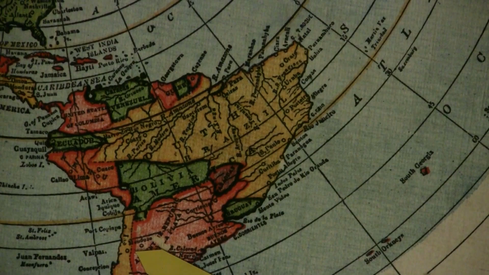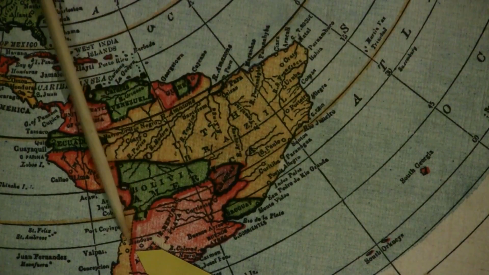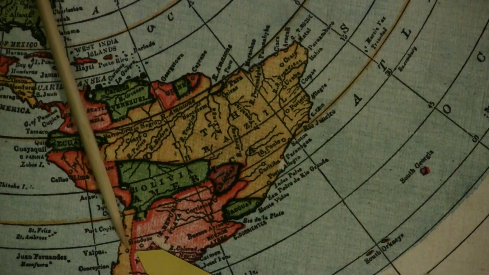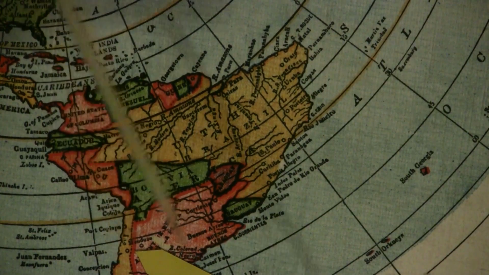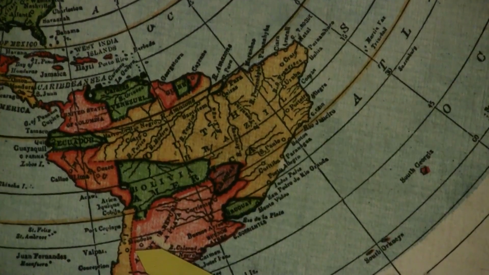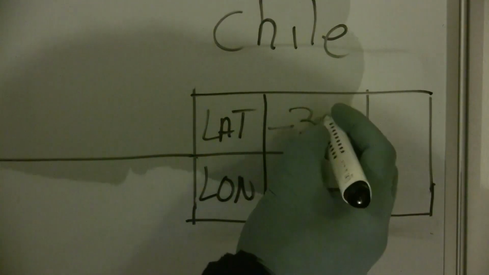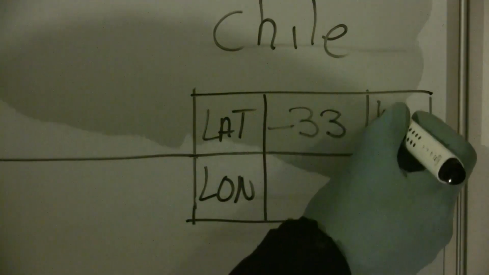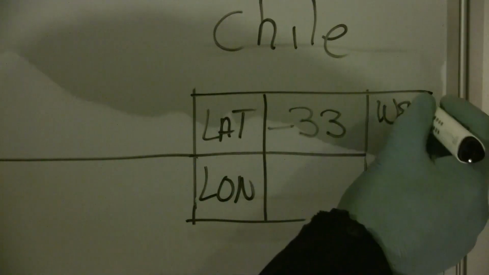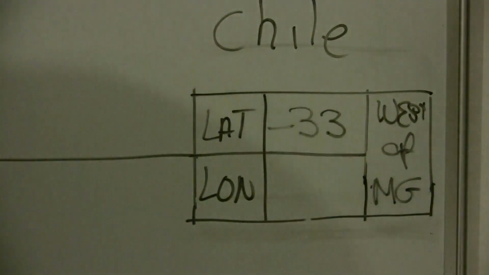We measured 3 degrees. This is the 30 latitude line plus 3 degrees. It's 33 degrees below the equator, minus 33. The latitude is minus 33, west of the meridian of Greenwich.